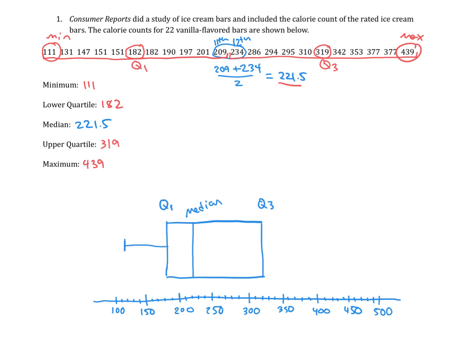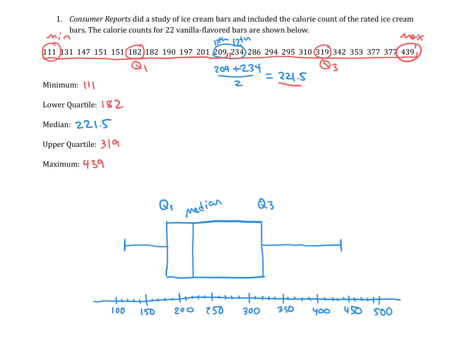And then I connect it to the box, and I have a whisker. And then my maximum value, 439, is up close to 440. Maybe about right there. And I connect that, and I have a box and whisker plot.